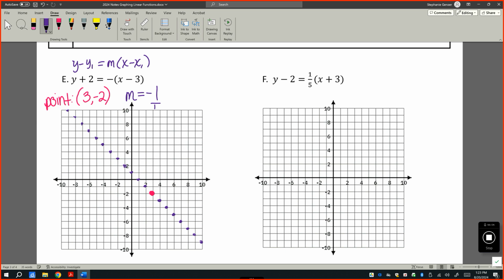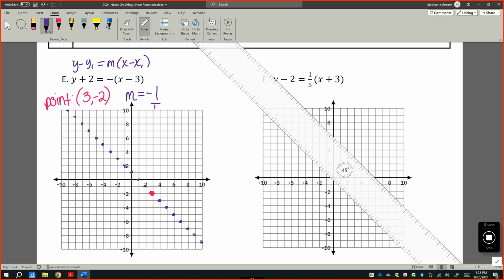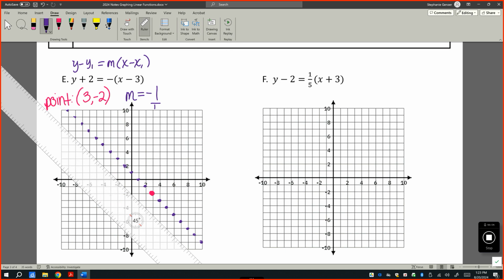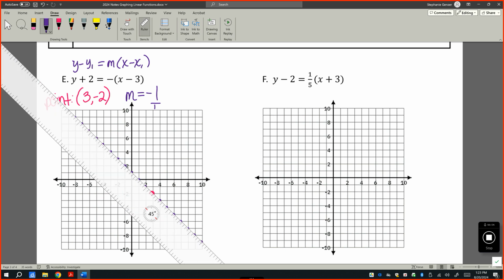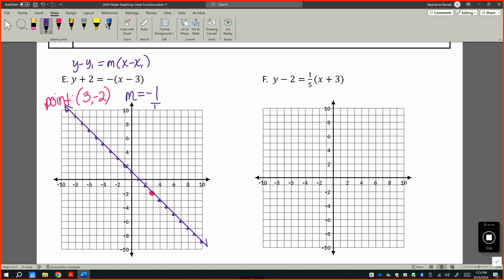All right, let me grab our ruler or a straight edge. Make our line. So it's just like slope-intercept form, but we have an extra step of figuring out where we start. Questions? Let's try another one.